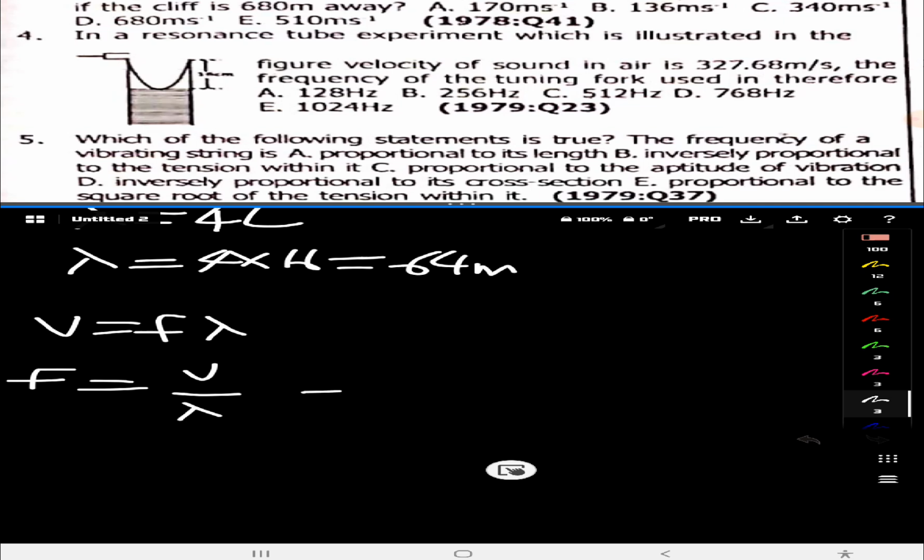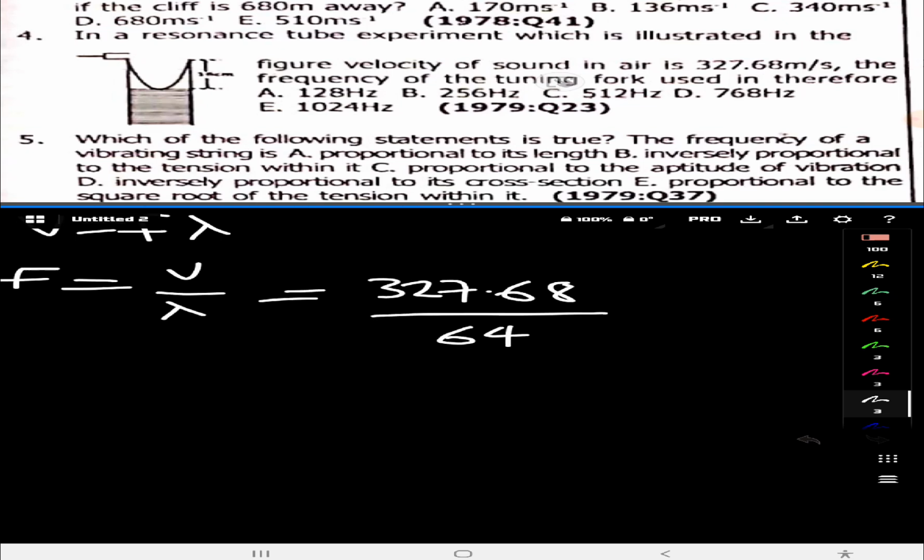Next, plug in our data: the velocity is 327.68, so you say 327.68 over 64. Punch your calculator. Frequency equals 5.12 hertz.